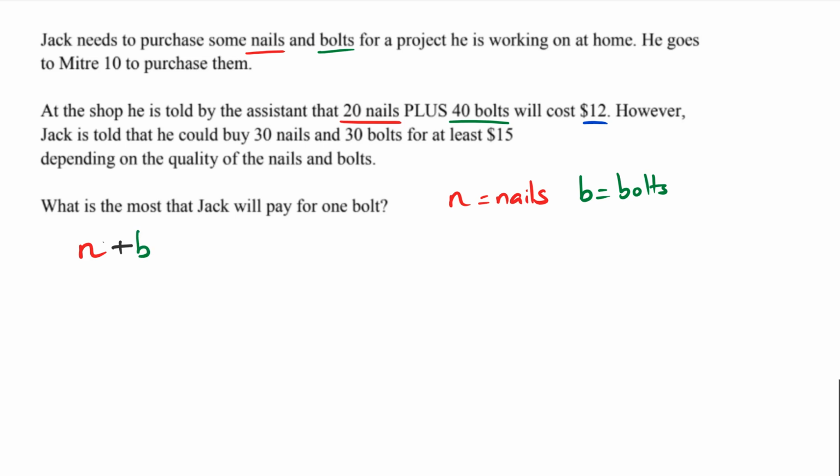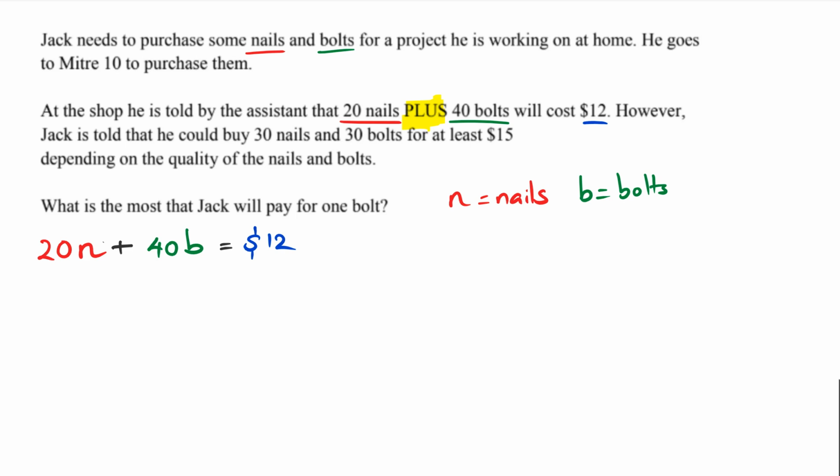I've got 20 nails, plus 40 bolts, and that's going to equal $12. Okay, so that's a straightforward first equation.